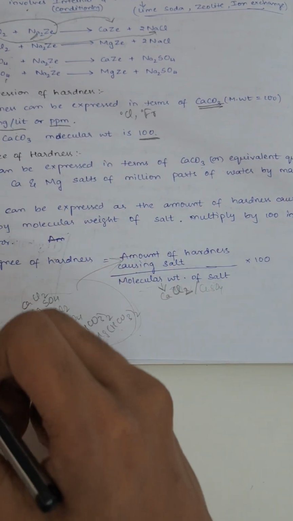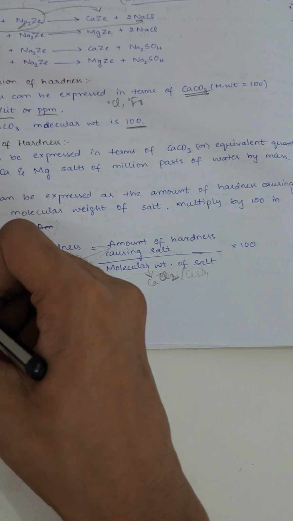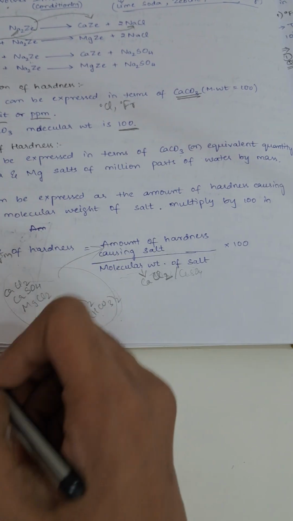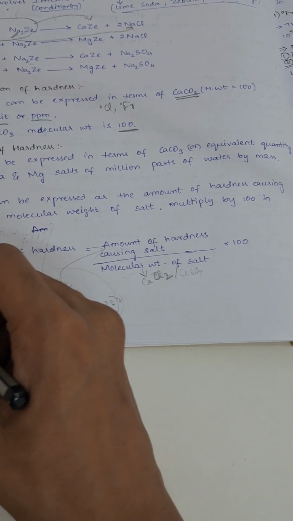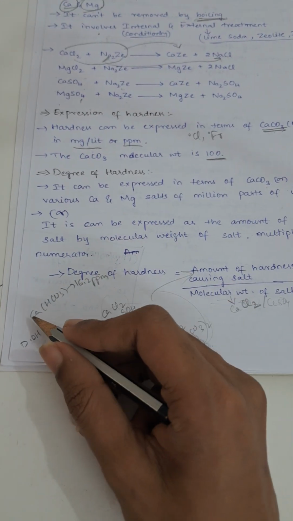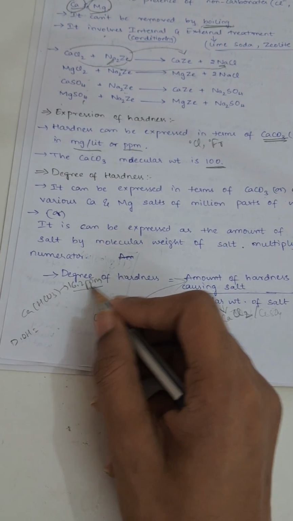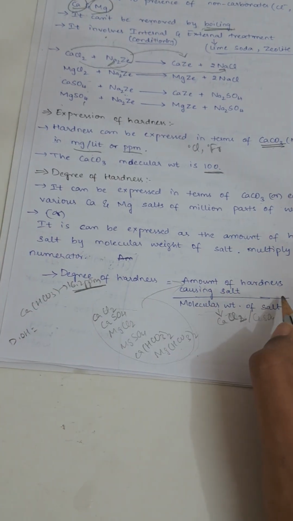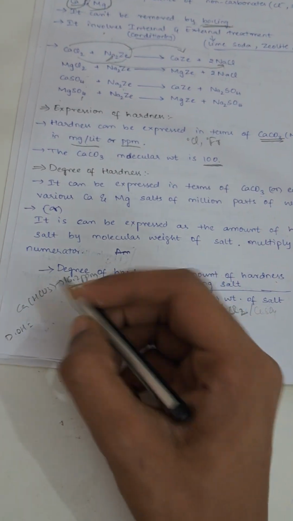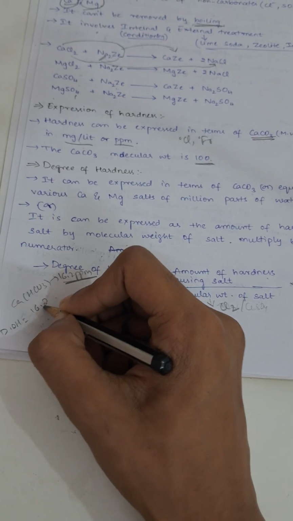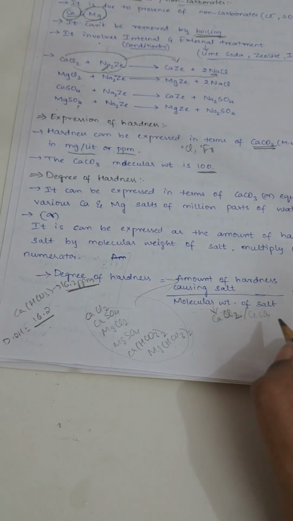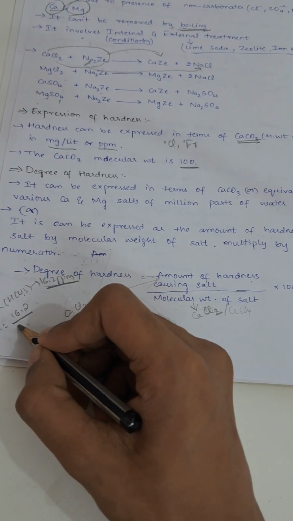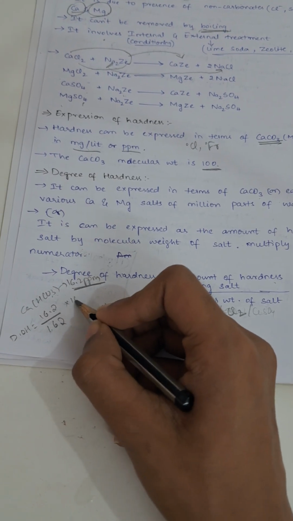For example, if the amount of calcium bicarbonate is 16.2 ppm, to find degree of hardness, it will be the amount of hardness causing salt, 16.2 ppm, divided by molecular weight of the salt, which is 162, into 100.